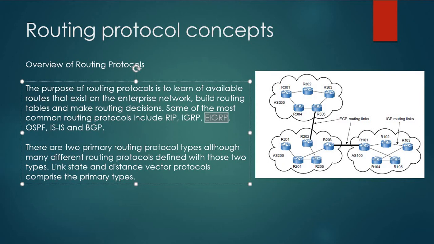So IGRP selects the best path using the composite metric, the five composite metrics for selecting the best path.